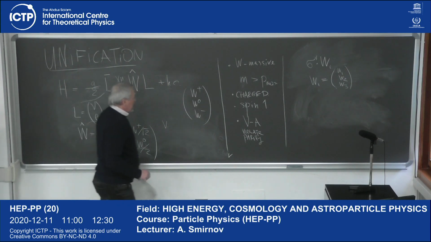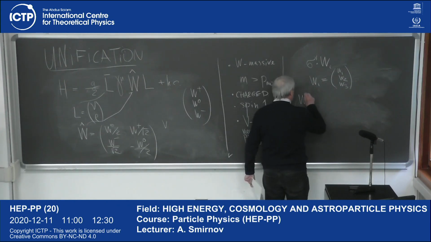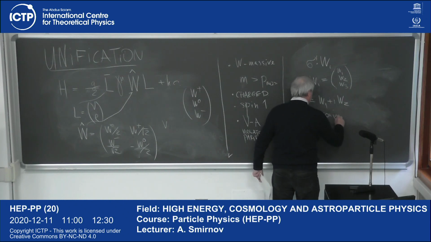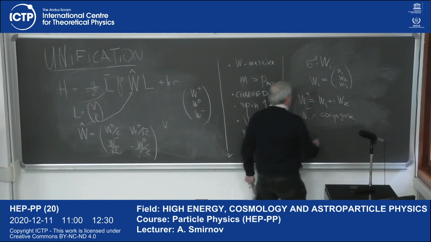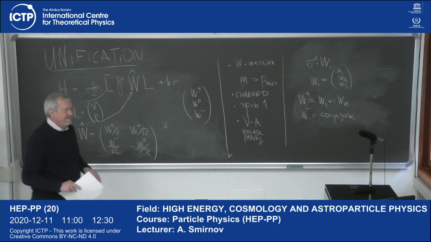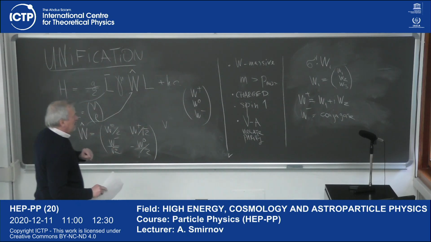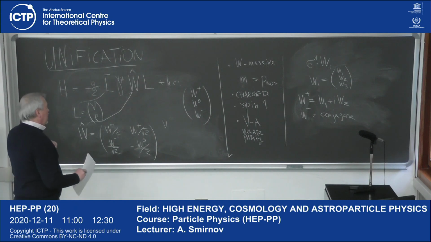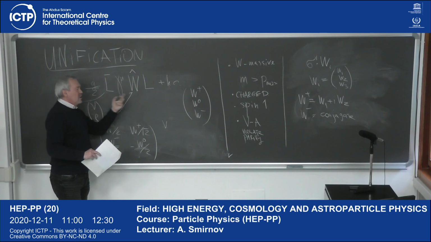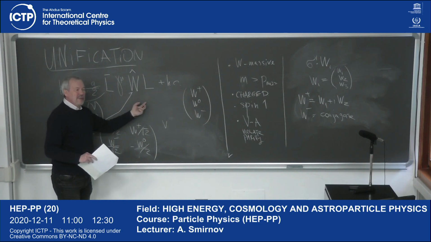By the way, W plus is related to W1 plus i W2, and W minus is its conjugate. But for us it is enough that we are introducing this matrix. You can check that it works. This is the way SU2 symmetric interaction is constructed, and you can check that this structure is SU2 symmetric.